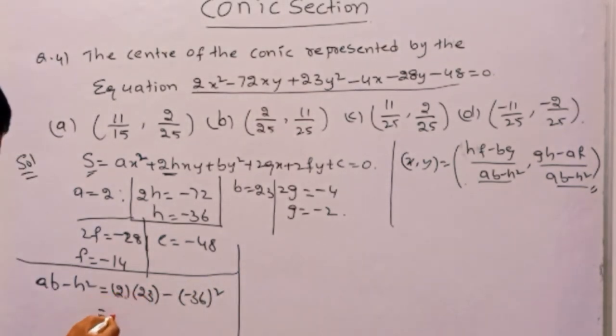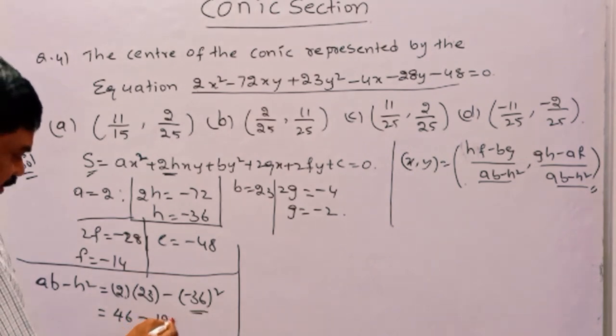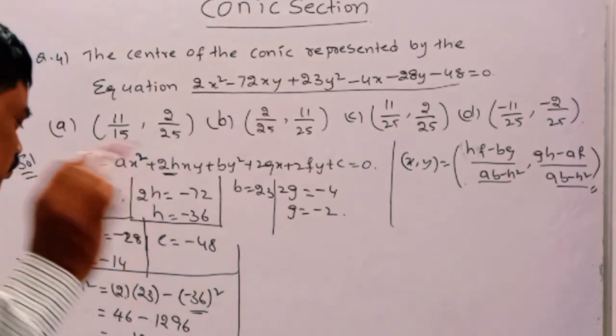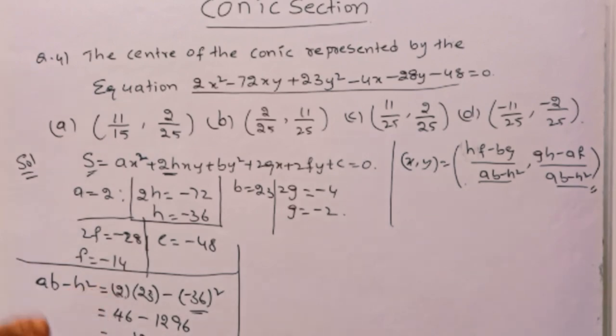This is 46 minus 1296, which gives minus 1250. So ab minus h square value is minus 1250.